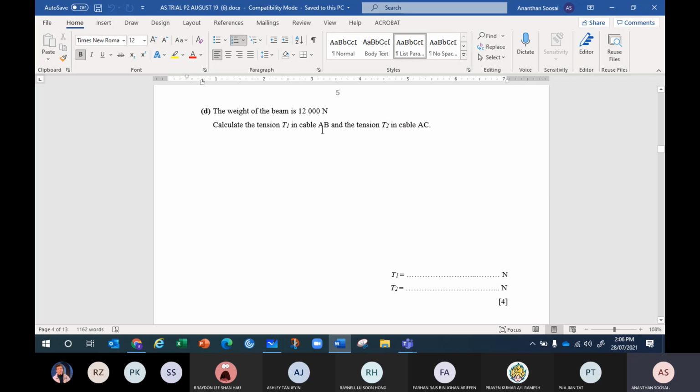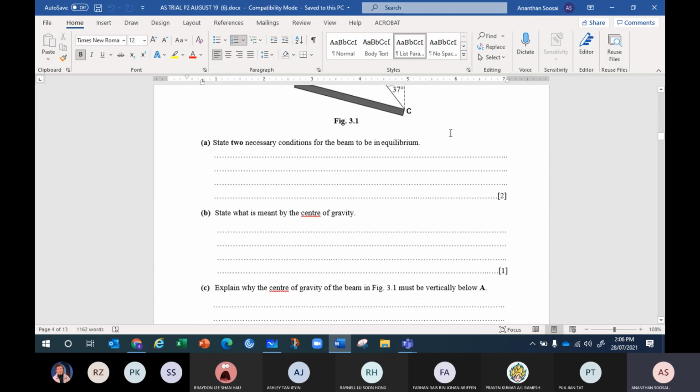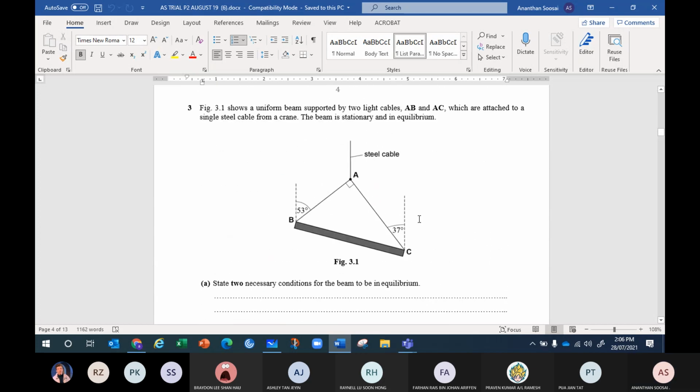Calculate the tension T1 and T2 in the cables AB and AC. So we go up to check the question. They want the tension in AB and AC. They want these two tensions.